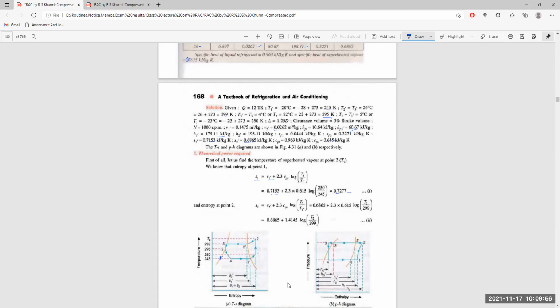So this is put in here, and Cp is the specific heat at vapor state, 0.615. T2 is unknown to us, T2 dash is given as 299.